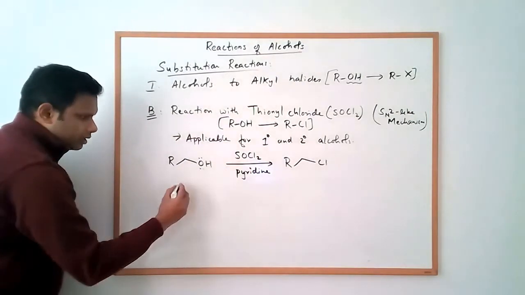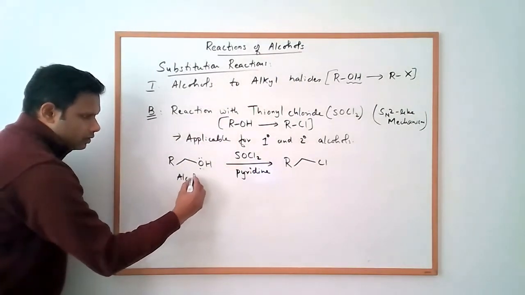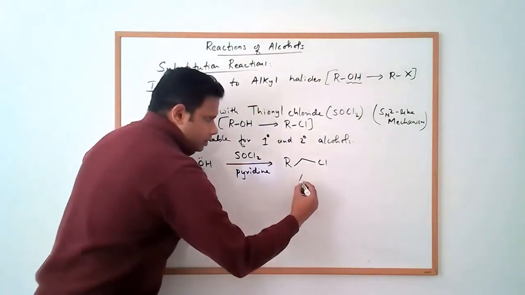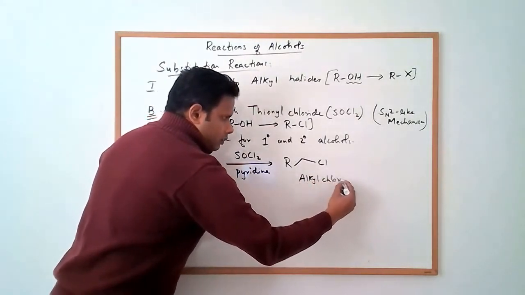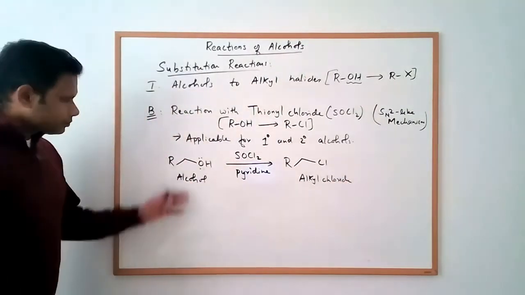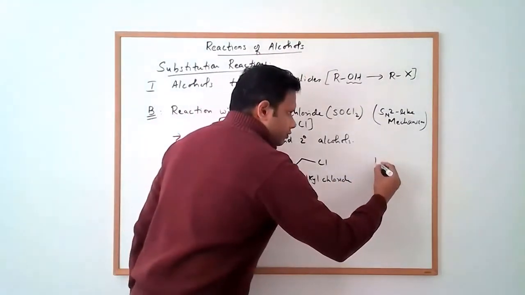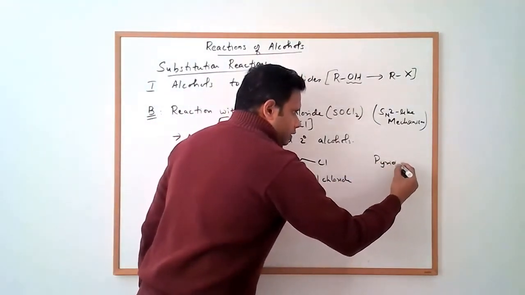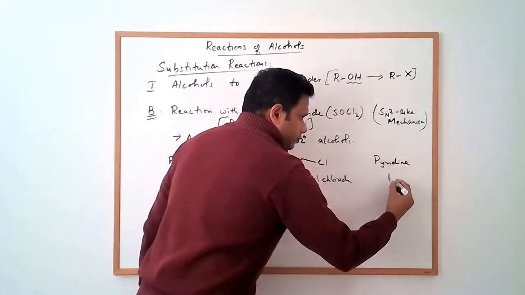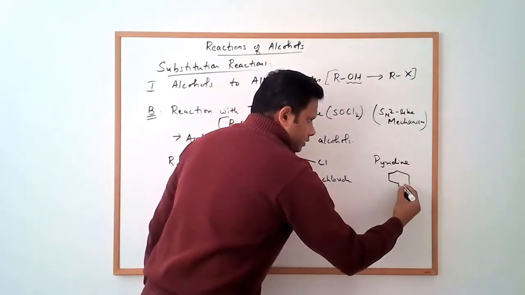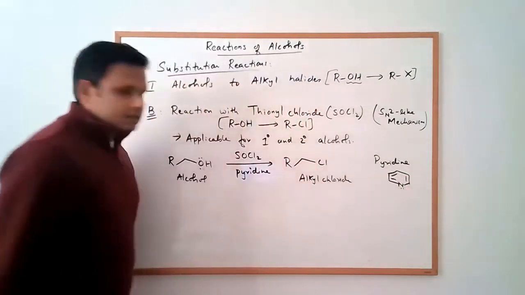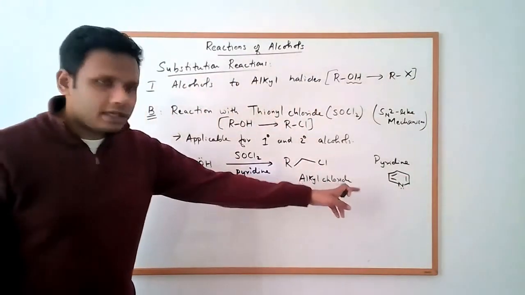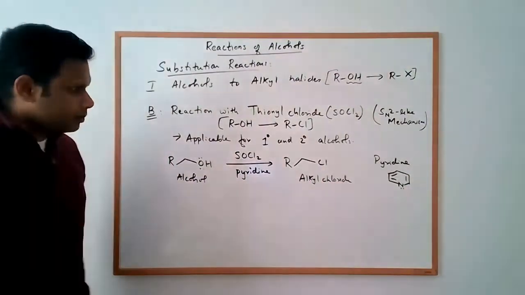The alkyl halide. So our alcohol is converted into the alkyl chloride. I'm going to put the structure of pyridine here. Pyridine is this 6-membered ring. It's an aromatic compound that contains a nitrogen in the ring.